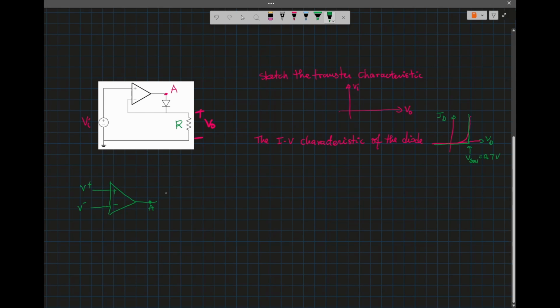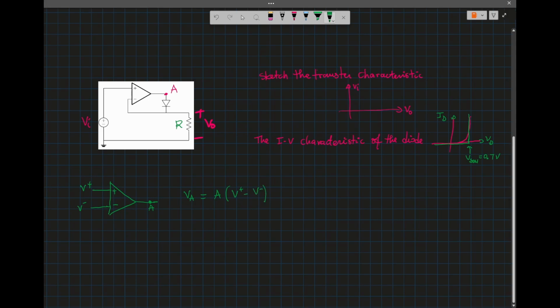So the voltage here, VA, is the open loop gain, which is on the order of 10 thousand. It's 10 to the 4, 10 to the 5, 10 to the 6, is big, times V plus minus V minus.